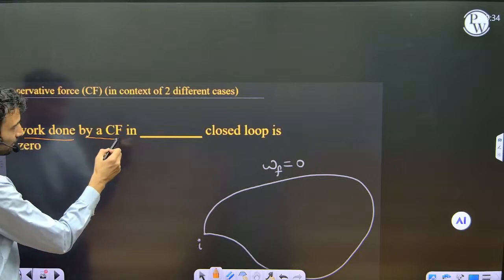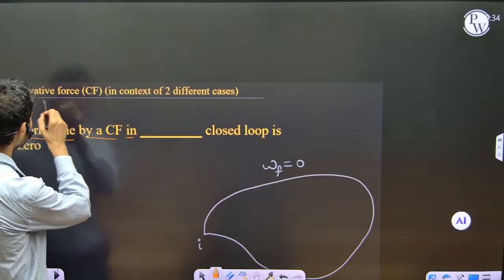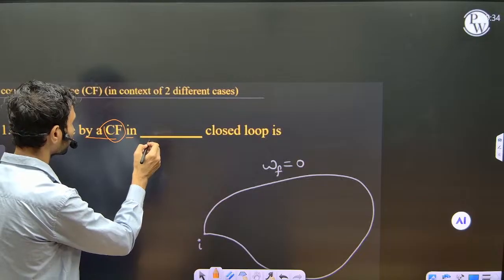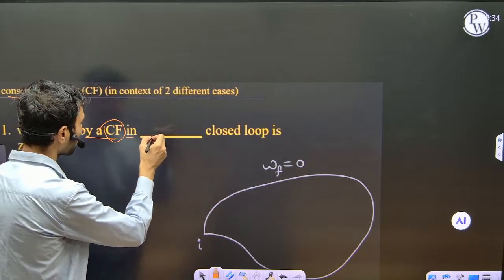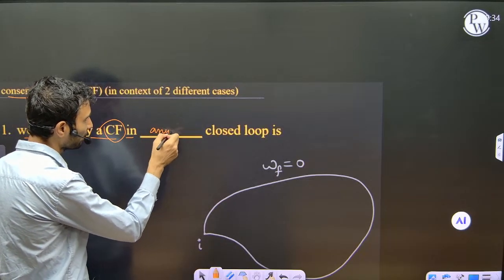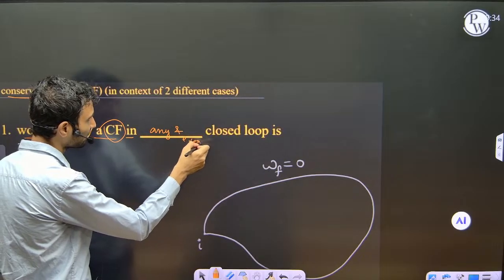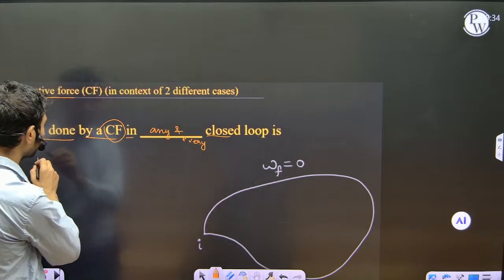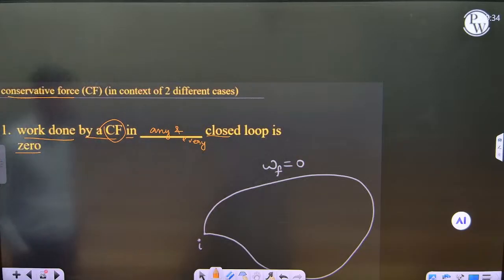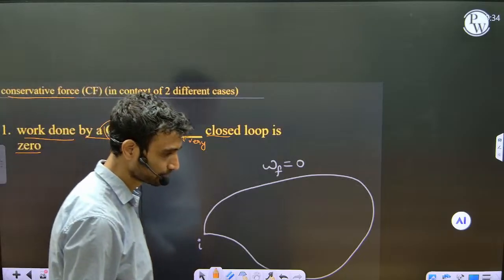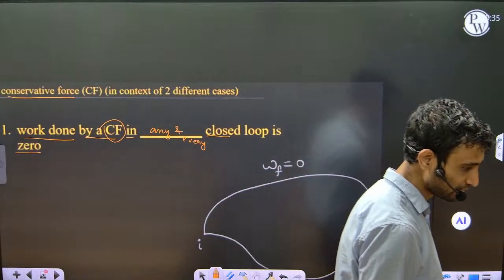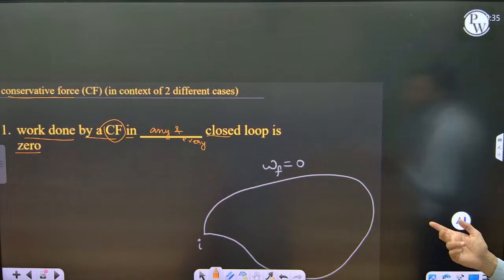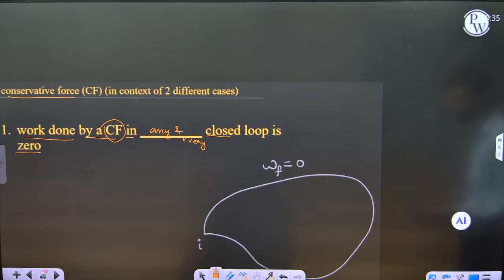Work done by conservative force, CF is conservative force, work done by conservative force in any and every closed loop is equal to 0. That is what a conservative force is. The work done by such a force in any closed loop will be 0.